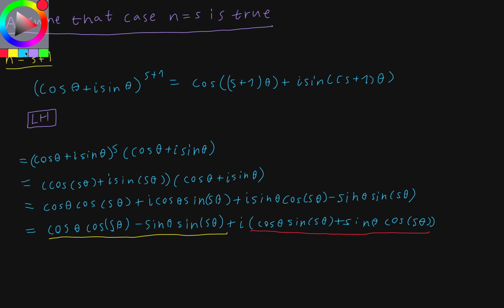Now, you might notice that we can apply some trigonometric identities to simplify this, mainly the angle sum identity for both cosine and sine. So what we're going to have here is cosine of theta plus s theta, plus i sine of theta plus s theta.